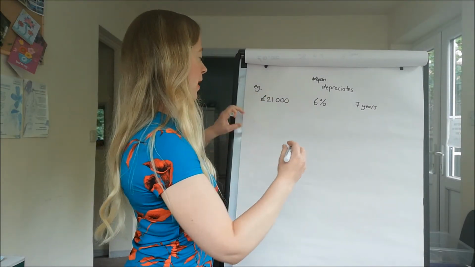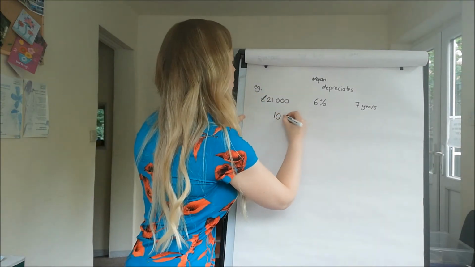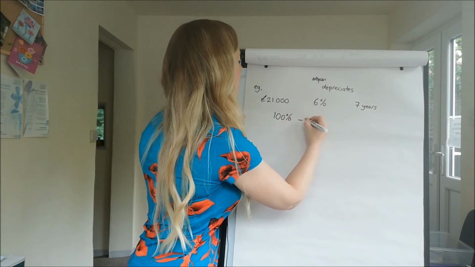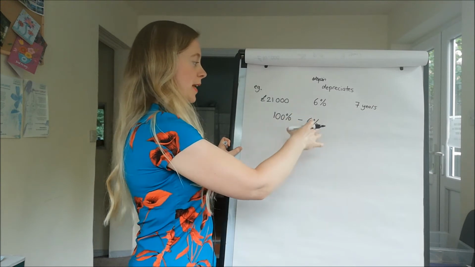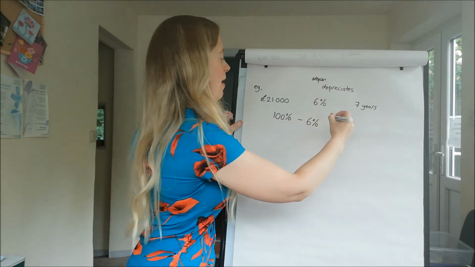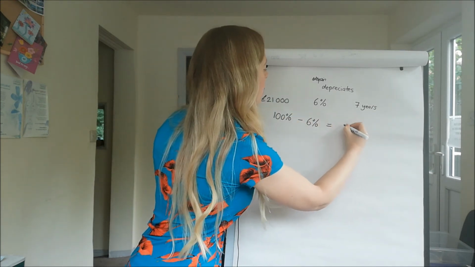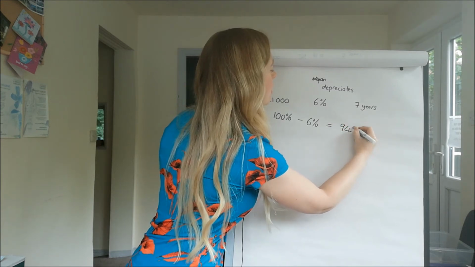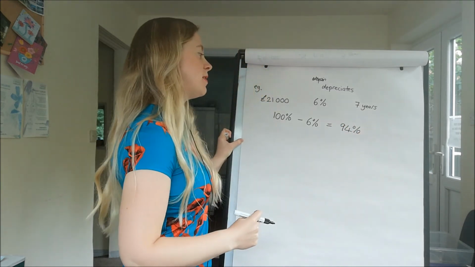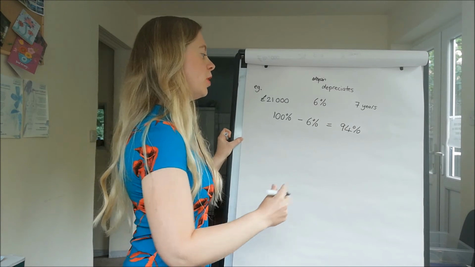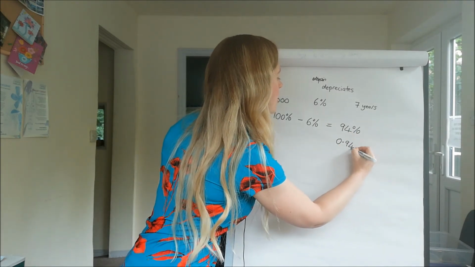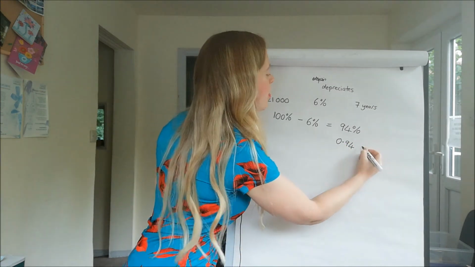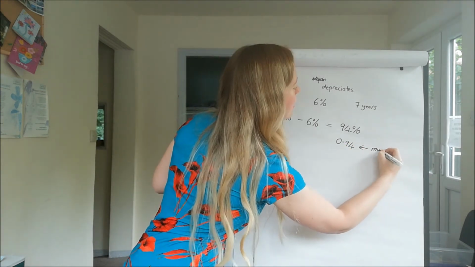So the multiplier in this case is going to be 100% minus 6%, because the car is losing 6% of its value every year, which means that every year there's only going to be 94% of its value left, which is going to give us a decimal of 0.94. And that will be our multiplier in this case.